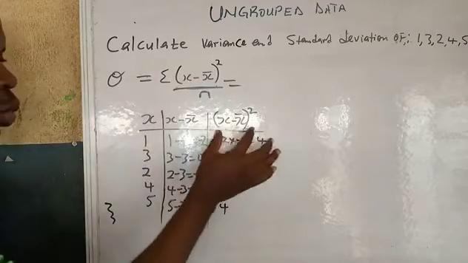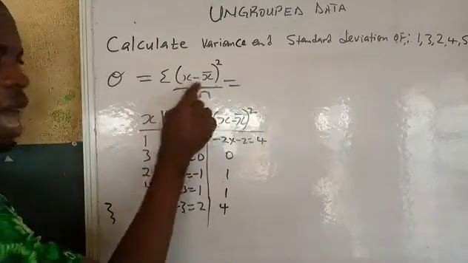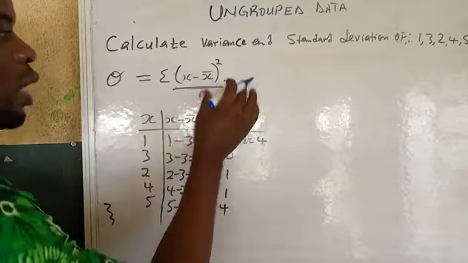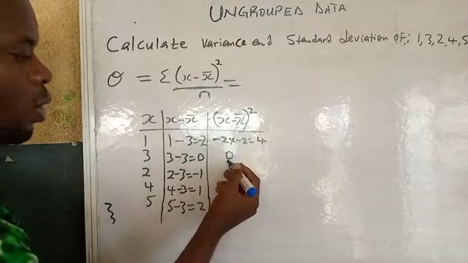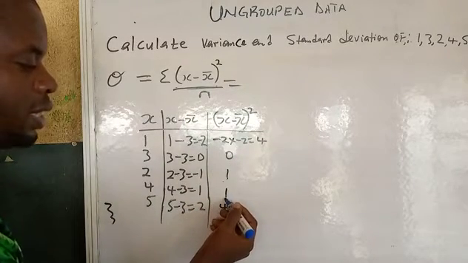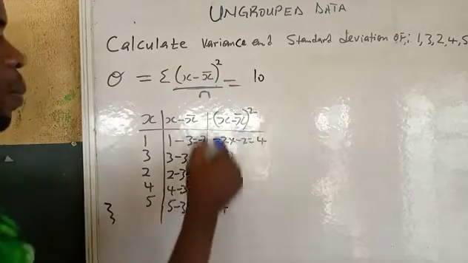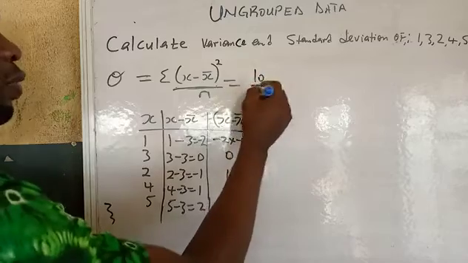So if you look at the formula here, you add up all the squared deviations. So how do we add it up? We are going to have 4 plus 0 plus 1 is 5, plus 1 is 6, plus 4. That's going to give us 10. The number is what? 1, 2, 3, 4, 5, so over 5. So our variance is 2.